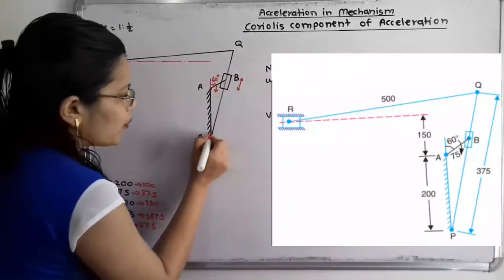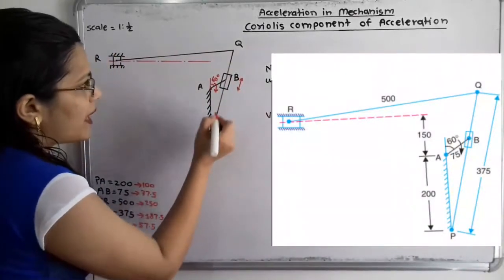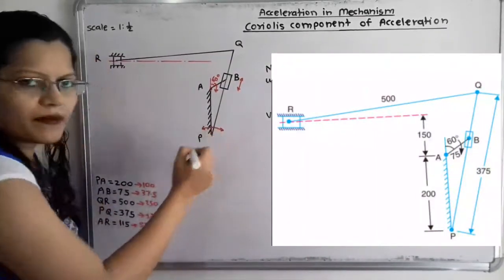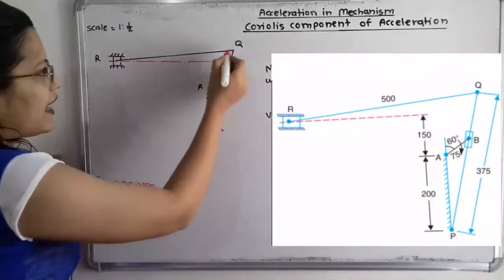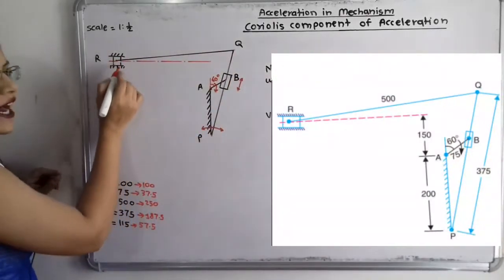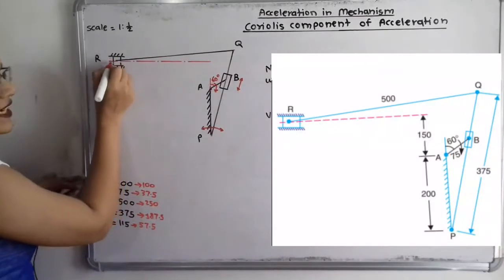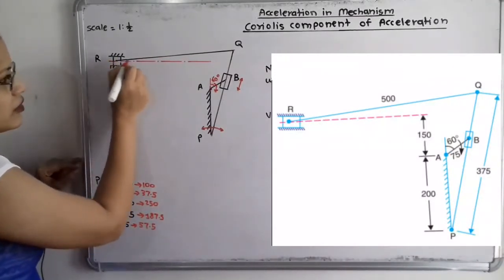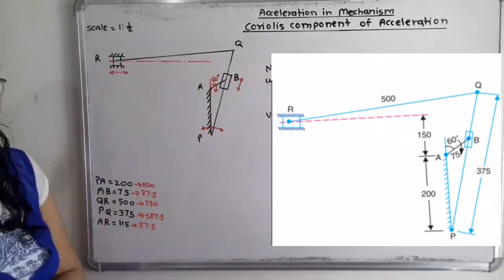At point P this bar PQ has rotating motion through some angle theta. At point Q there is the link QR, and at point R the ram is connected, which has reciprocating motion along the horizontal line.